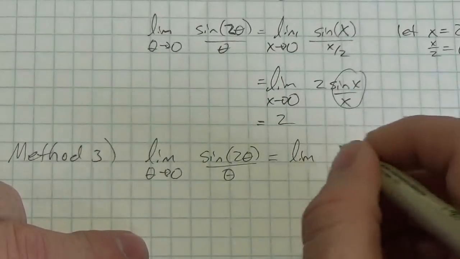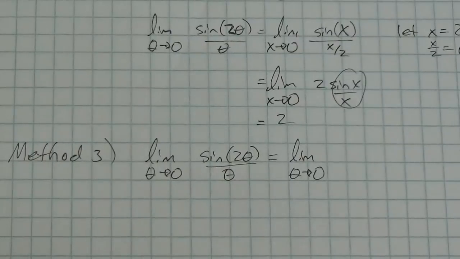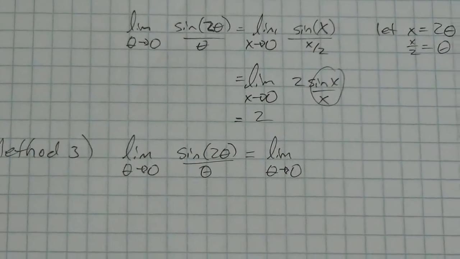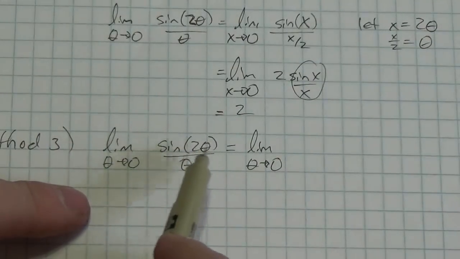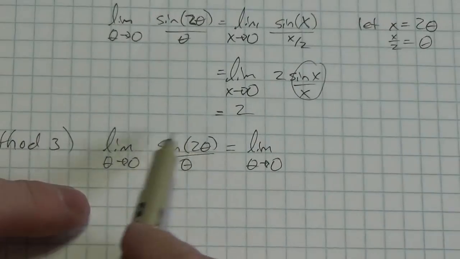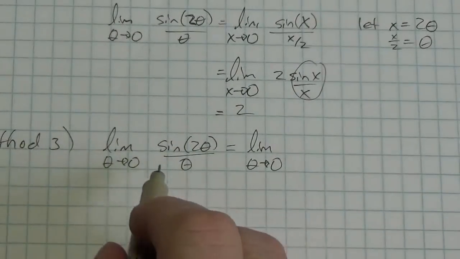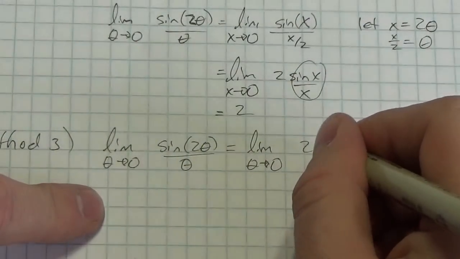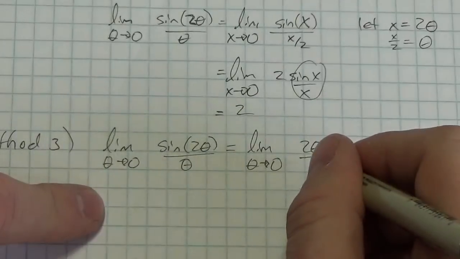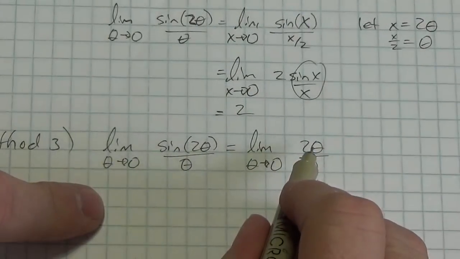What we're going to do is take advantage of what the fundamental trigonometric limit is saying about the behavior of the trig function. We know that as the argument approaches 0, the sine of the function starts to behave like its argument. So as theta goes to 0, sine of 2 theta is going to behave very similarly to just 2 theta. So I'm going to do a substitution.